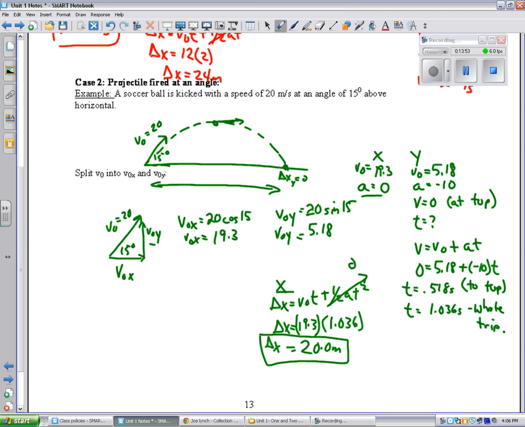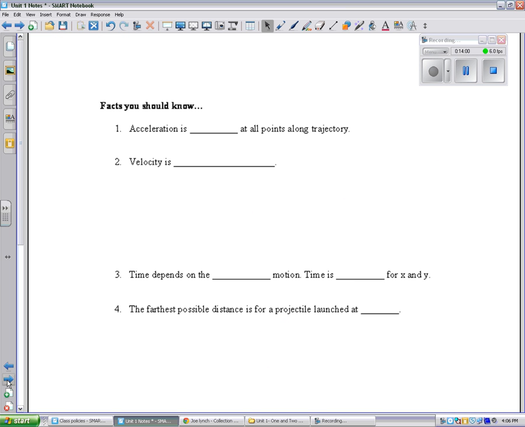So when you do these problems, it's important to know that you have to split things into x and y. There's a couple things that we're going to talk about. Acceleration is downward at all points. This is just gravity. Velocity is tangent to the path or the trajectory.